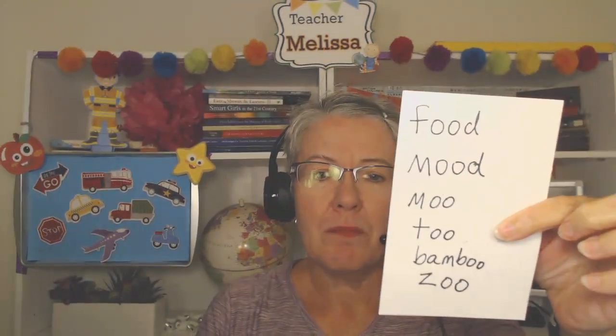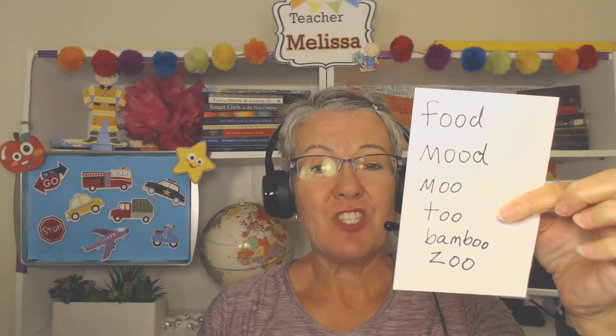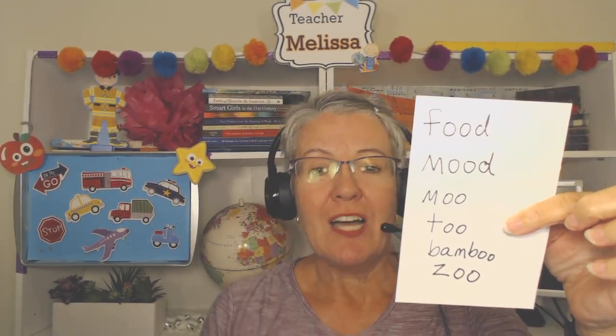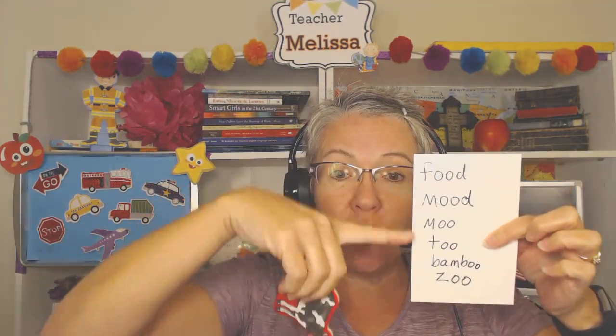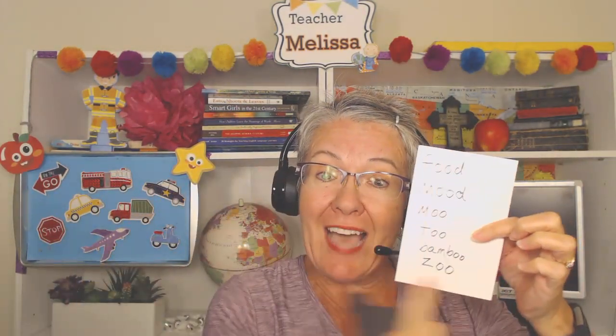I'll say moo, food, mood, moo, two, bamboo, zoo. I might only have 2 on this list, I might have 3, I might add to it each time. We might do nonsense words. One picture, a list of the words.